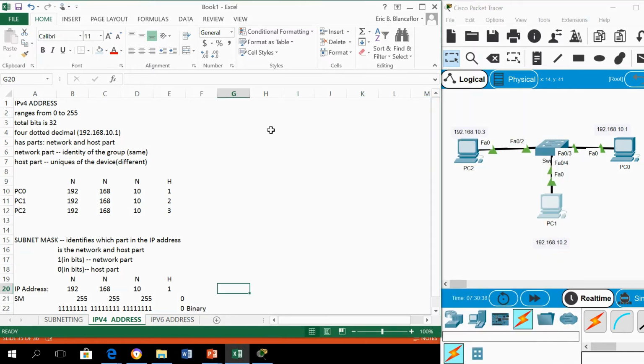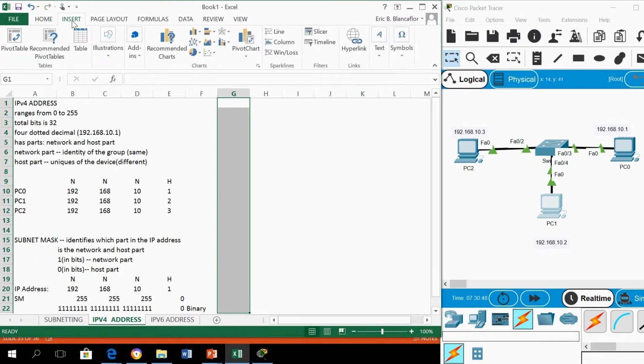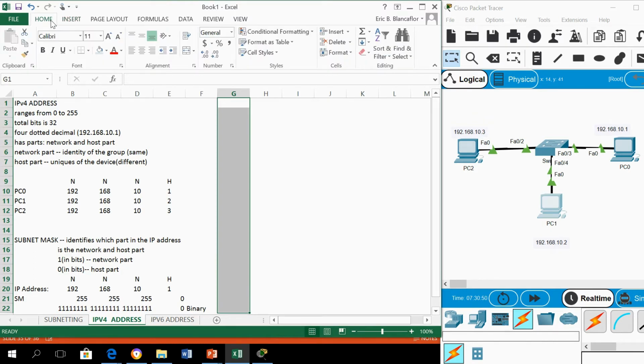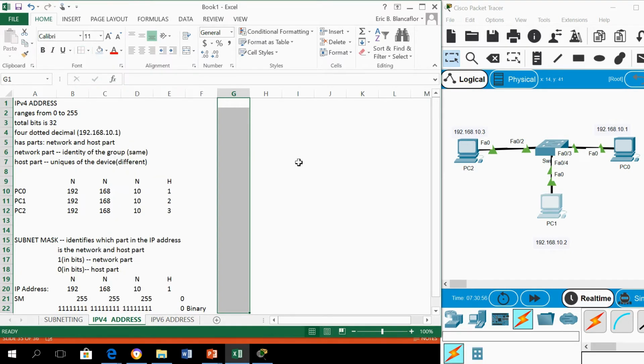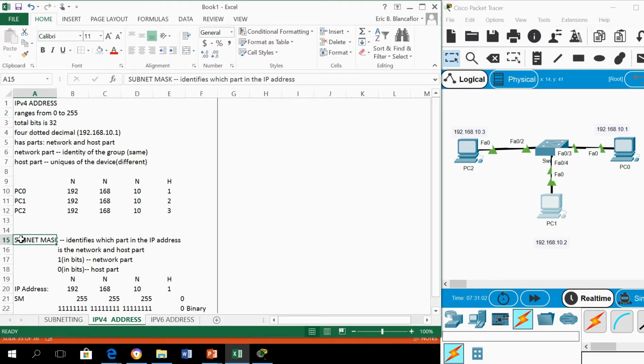Next, subnet mask. I'll write here. Okay, I'll just have a border. Where is the border? Here. Yes. So next is, subnet mask can be presented in prefix.